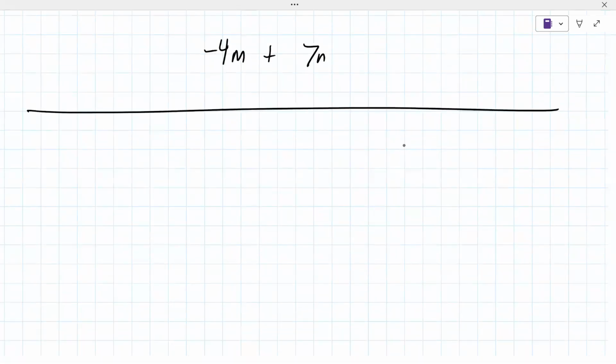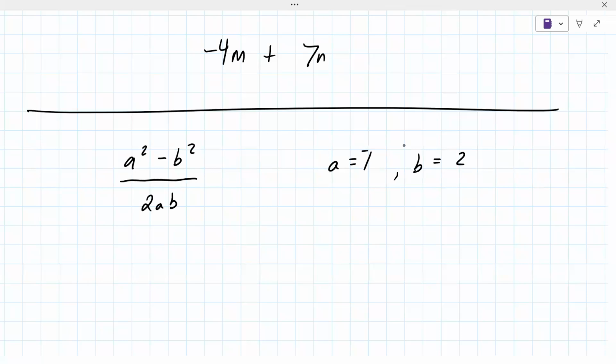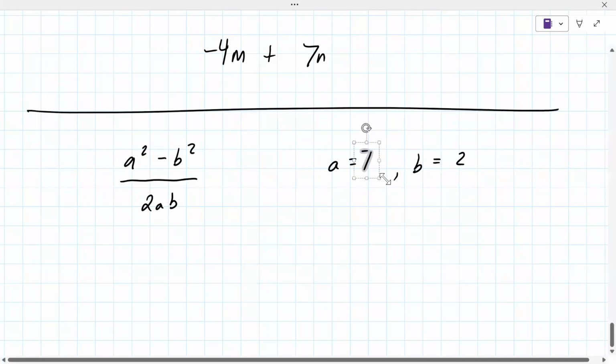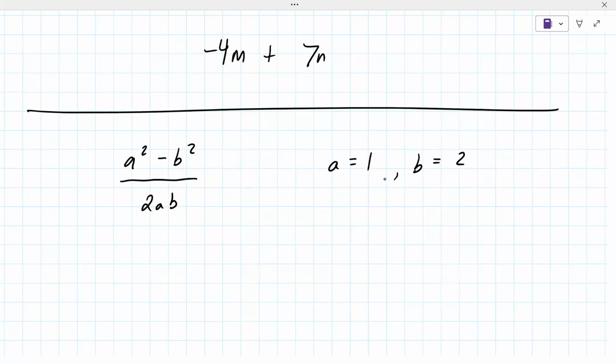All right, let's do a few simplifying. Let's say it's a squared minus b squared over 2ab. a equals negative 1 and b equals 2. Never done that before. Unless I did it last year. Can't remember. You had some problems like this on order of operations. It looks negative, so let me make this positive. That's fine. So it's not that important.